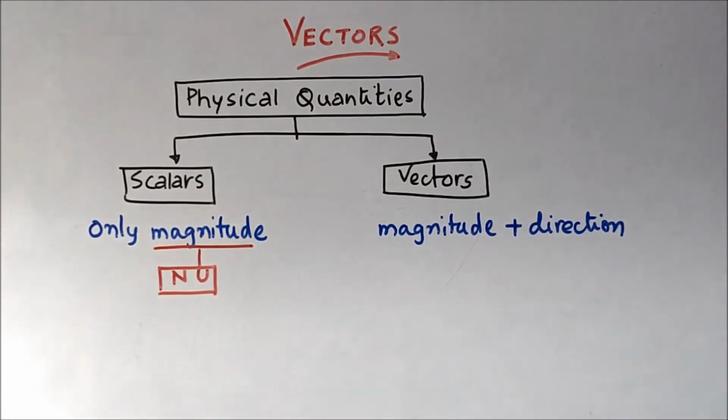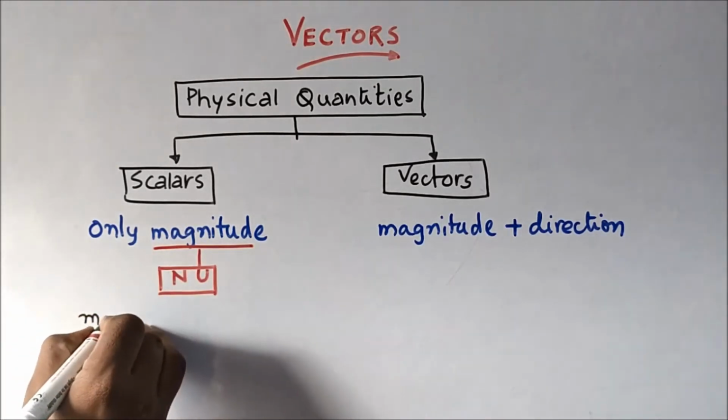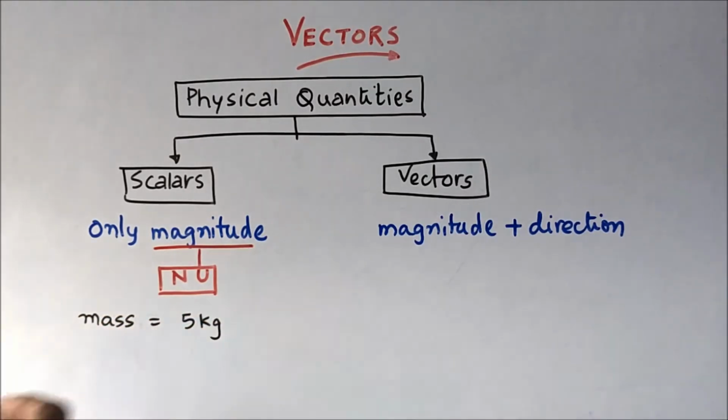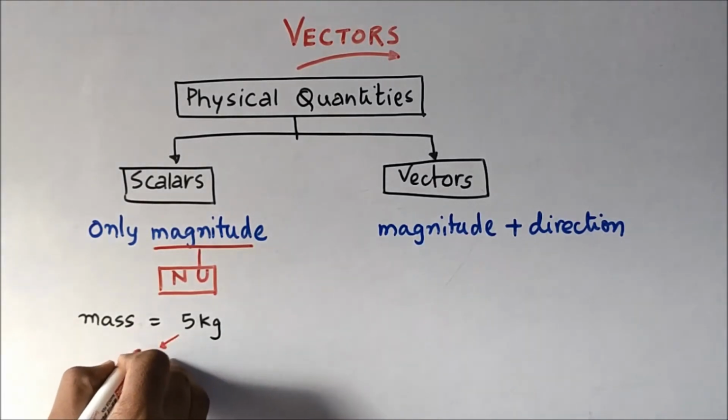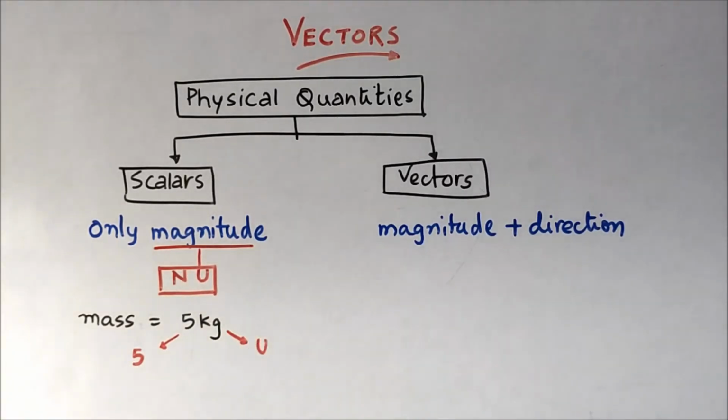For example, the mass of a body is equal to 5 kg. The 5 part represents the number and the kg part represents the unit.